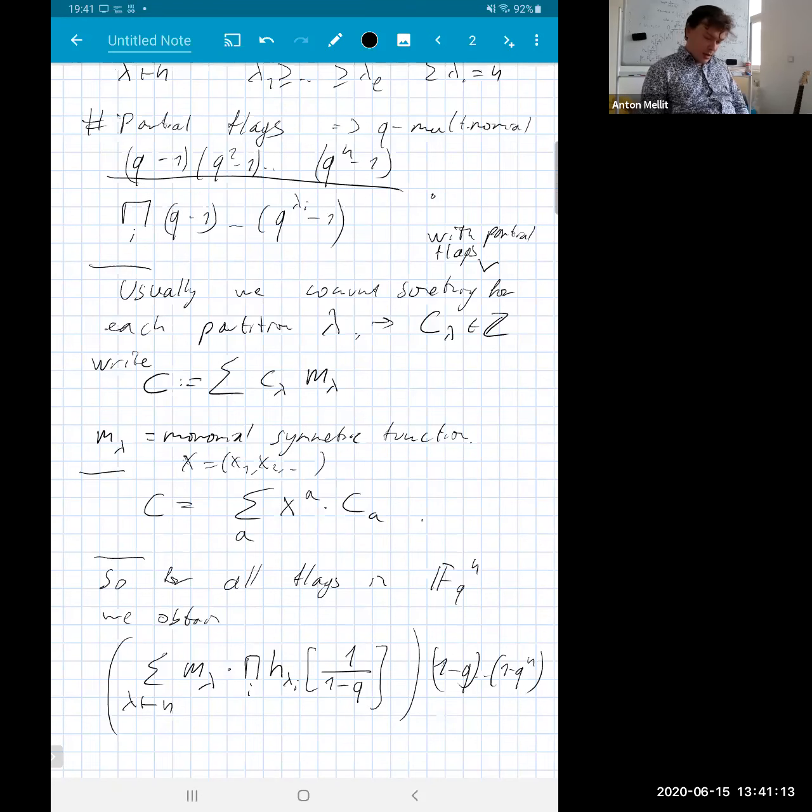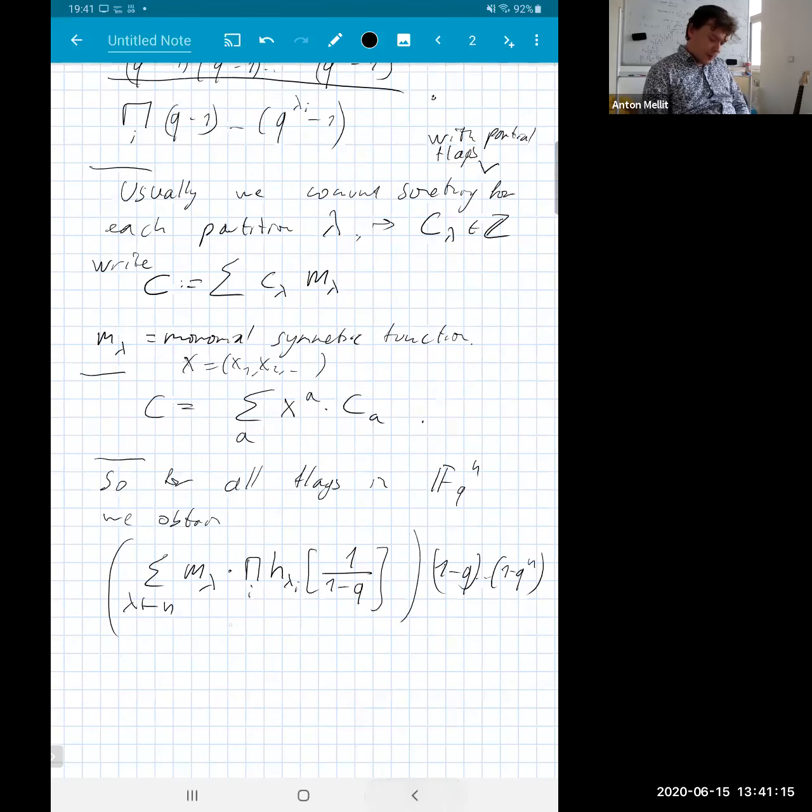Okay, and there is some notation. h_lambda is the product of h_lambda_i for a partition lambda, and there is a formula: h_n of a product of two things is the sum over partitions of m_lambda of the first thing and h_lambda of the second thing.